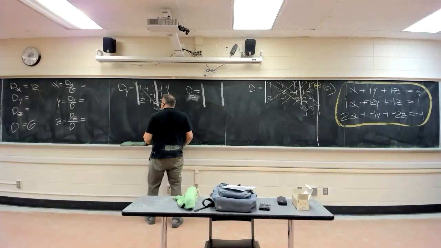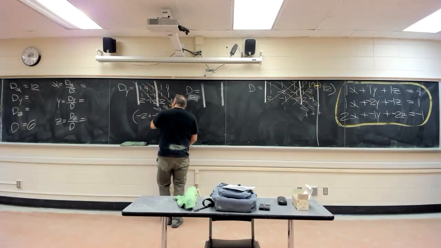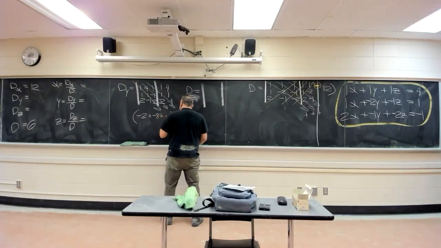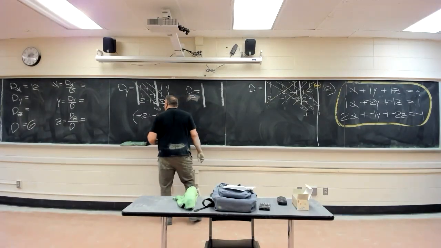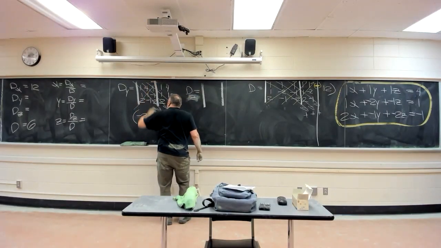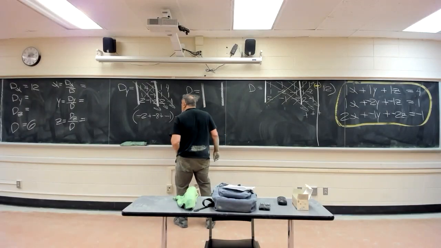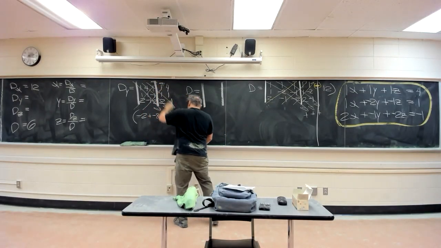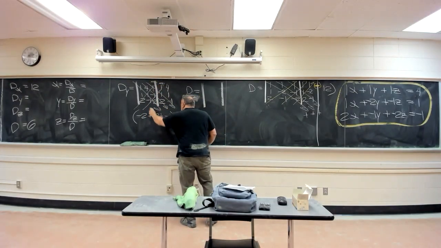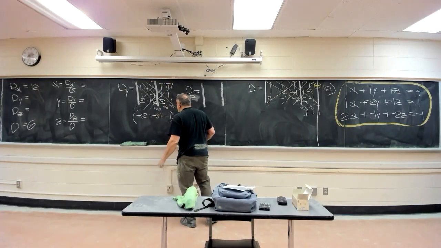Go here. Get negative 2. Go here. Get negative 8. Go here, get negative 1. Go here, get 2. Go here, get 1. Go here, get negative 8.